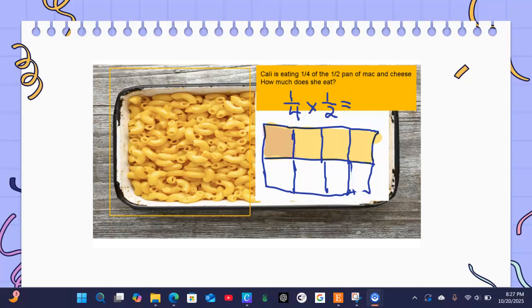Okay. So now you can see we have 1, 2, 3, 4, 5, 6, 7, 8. And you know that 4 times 2 equals 8. And Callie gets 1 piece of that. Right?